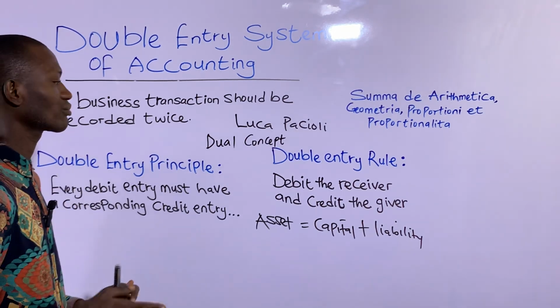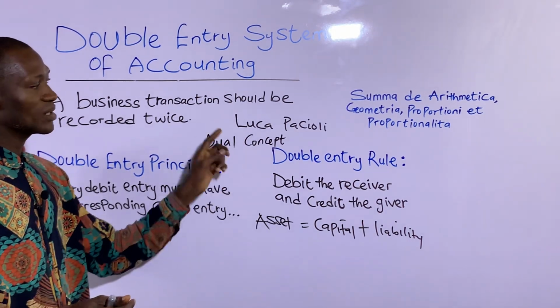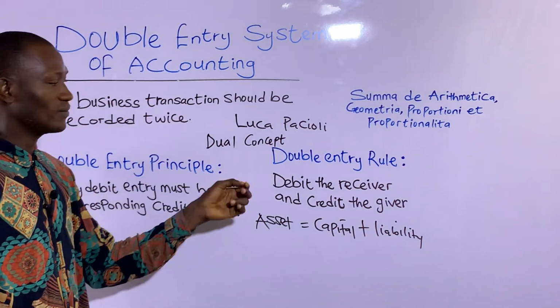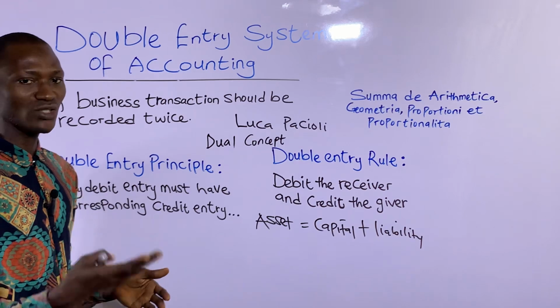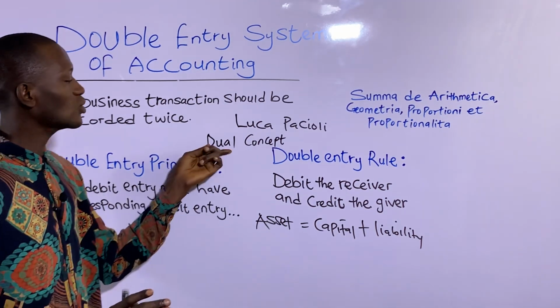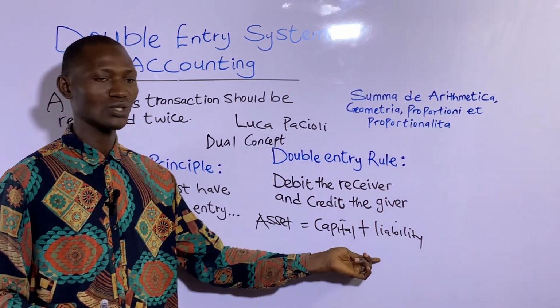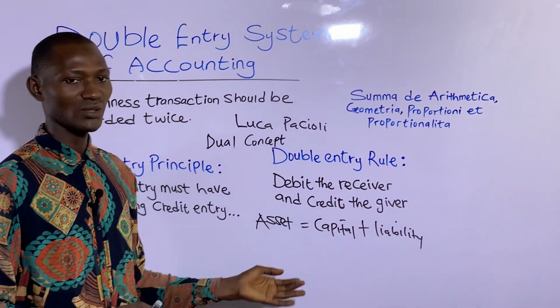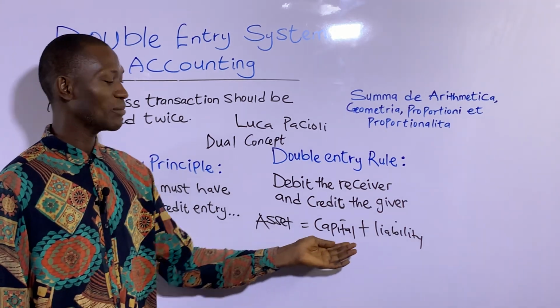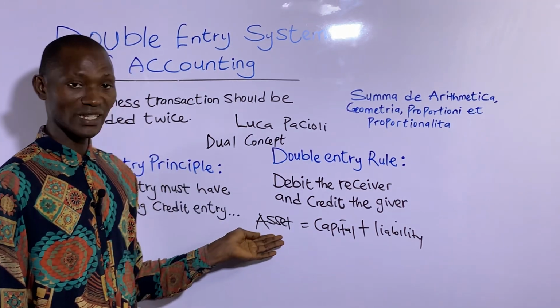So there are two reasons why a business transaction is recorded twice. The first is the concept of the double entry system, which stresses that a business transaction should be recorded twice, because there are two parties to a business transaction, the giving part and the receiving part. So open two accounts, one for the receiver and one for the giver where the transaction will be recorded. And also, the dual aspect concept supports double entry bookkeeping, and gives birth to the accounting equation, capital plus liability, which gives you your assets.